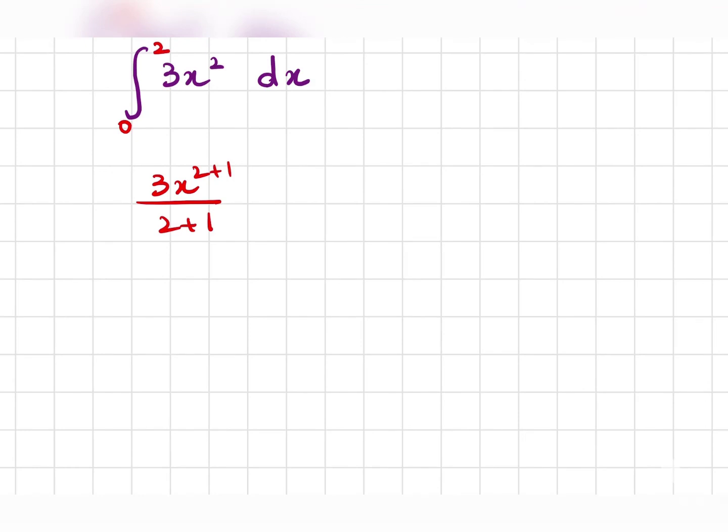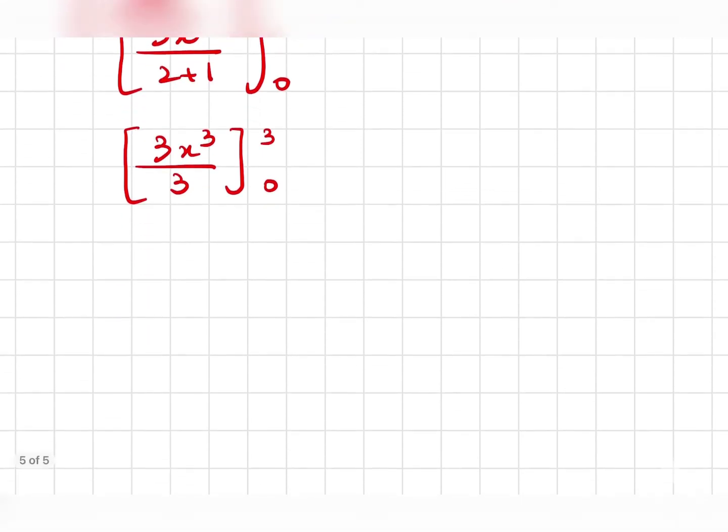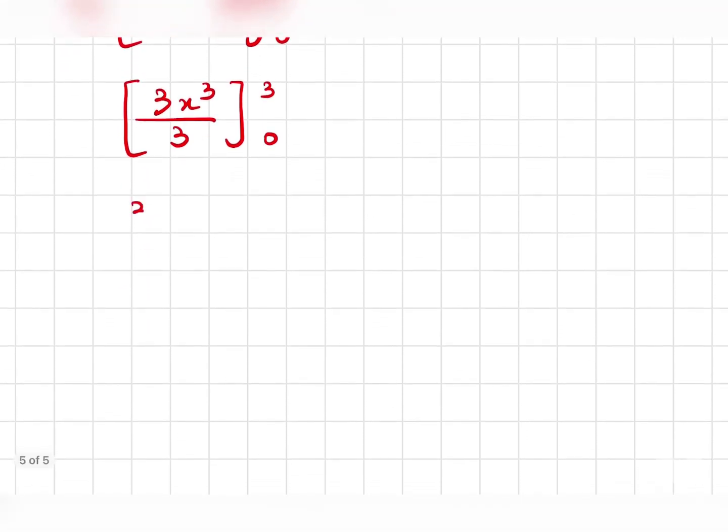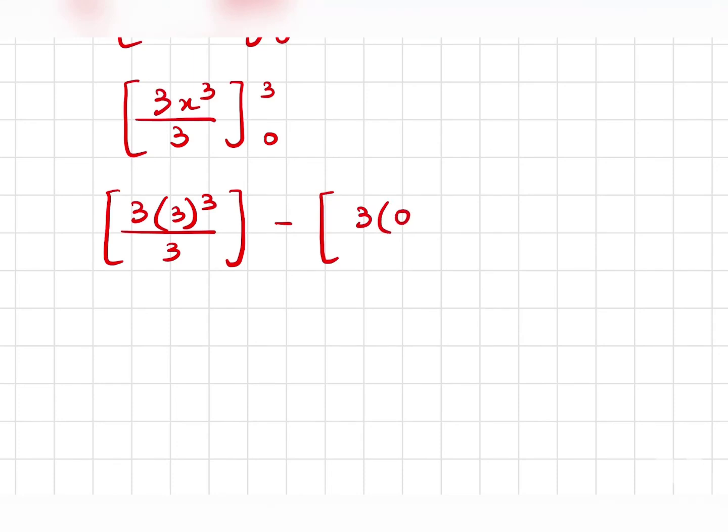All right, let's put in the values. We have 2 and 0. This will be 3x^3 divided by 3, with limits 2 and 0. First I will use my calculator and put in 2 in place of x. Simplify this, then minus the other limit, which is 3 times 0 cubed divided by 3.